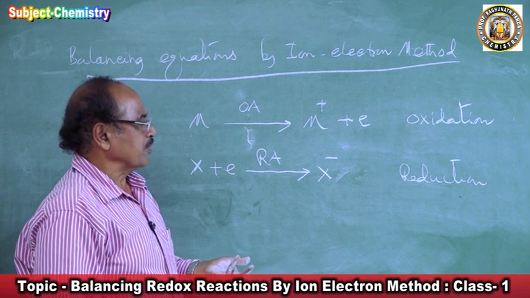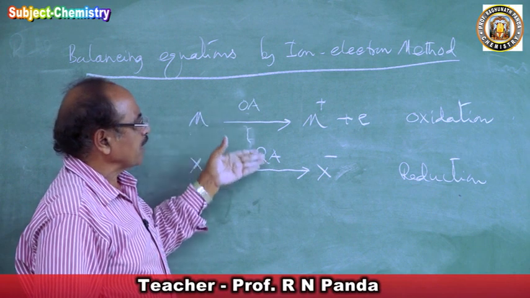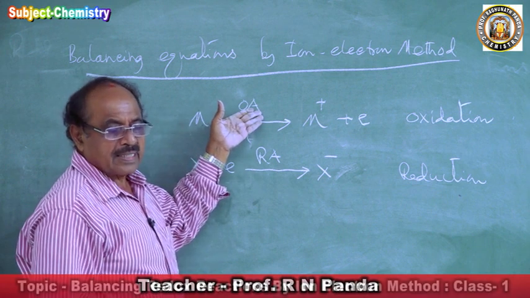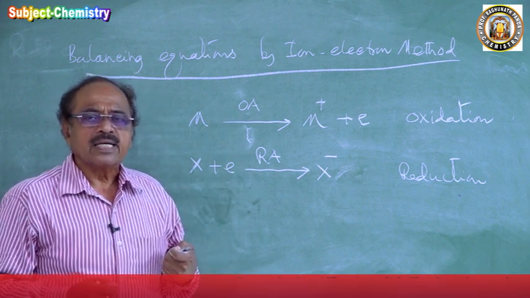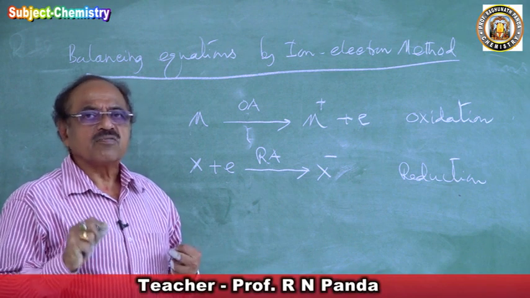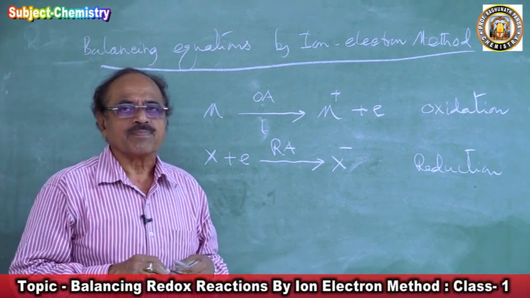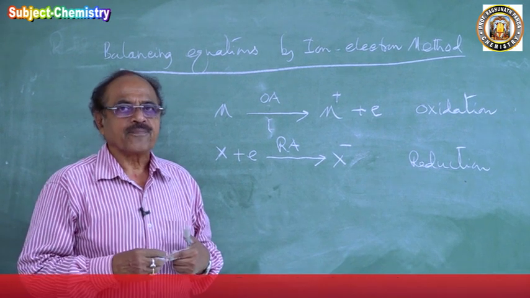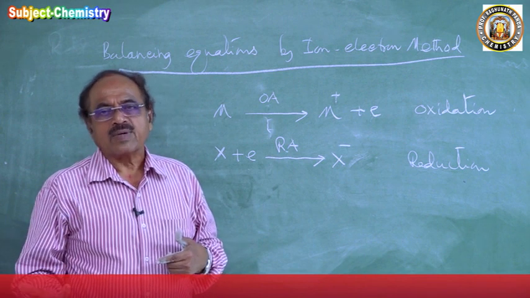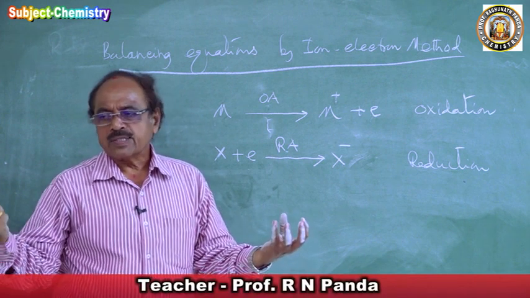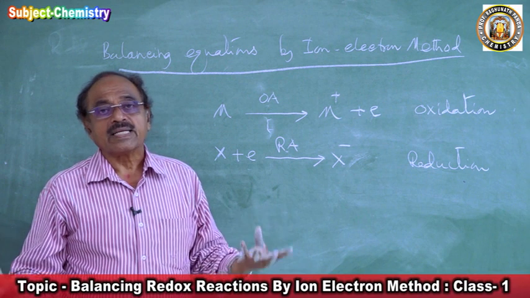So in a chemical equation, when the oxidizing agent reacts with the reducing agent, they will balance each other. Why? Because substances, when they react, react by their equivalence. They don't react by number of atoms. One equivalent of one is equivalent to one equivalent of the other. So they will undergo chemical reaction in equivalent amounts.